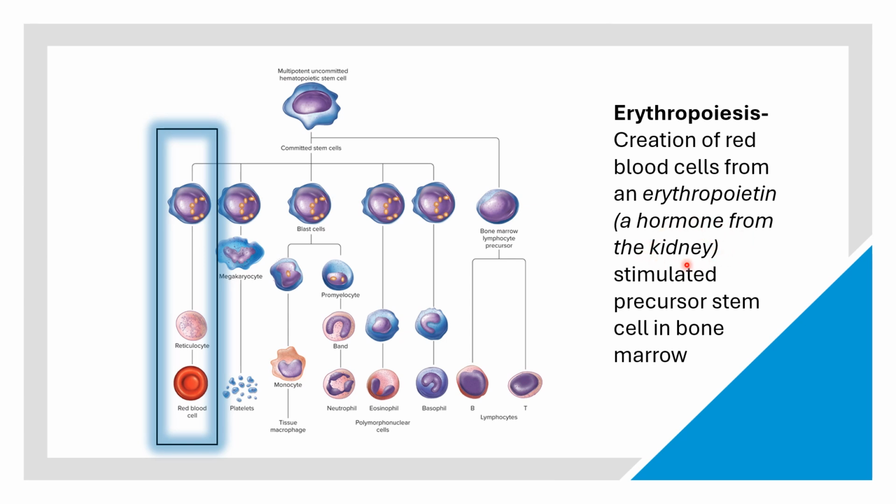Is it the original organ, endocrine organ, or is it the target? The original makes the hormone, the target does something because that hormone is present. And the something that it's going to do in this case is create a red blood cell to replace old, dead, worn out blood, or replace blood that's lost due to an injury.